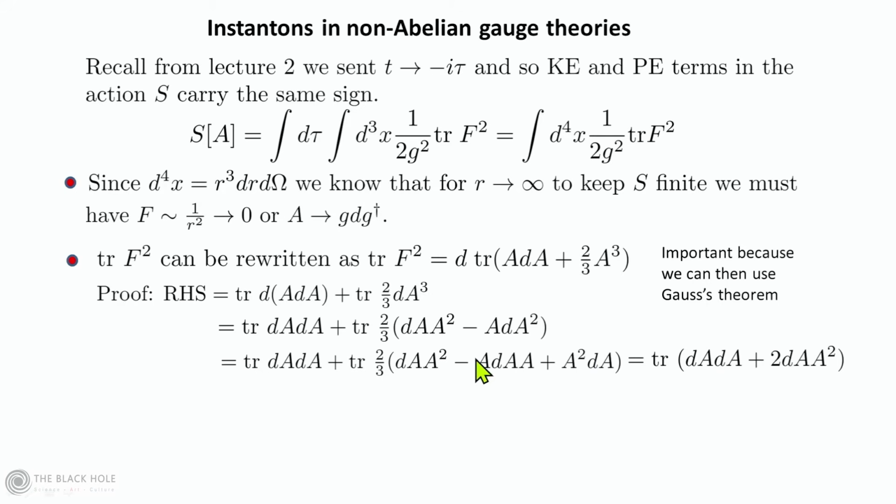I should have said this, this, and this. That's the 3, that cancels the 3, and then the 2 multiplies what's inside. Okay, now let us look at the right-hand side. The left-hand side, I'm sorry.